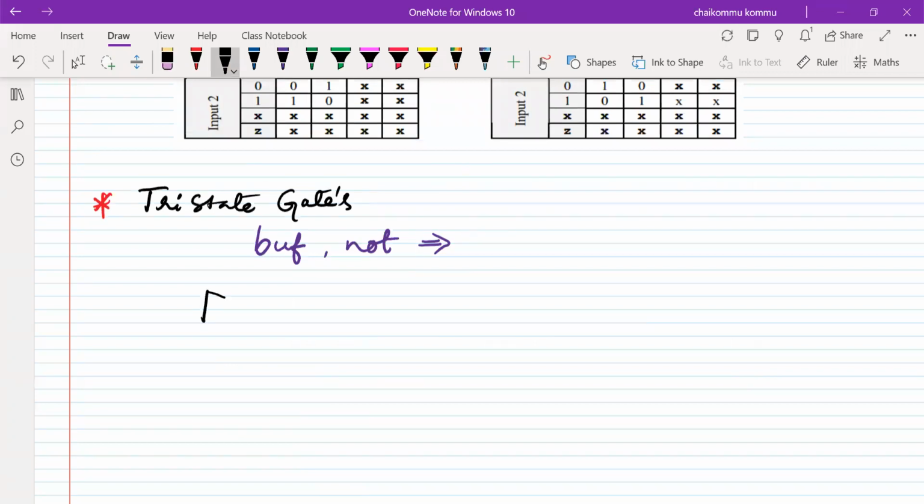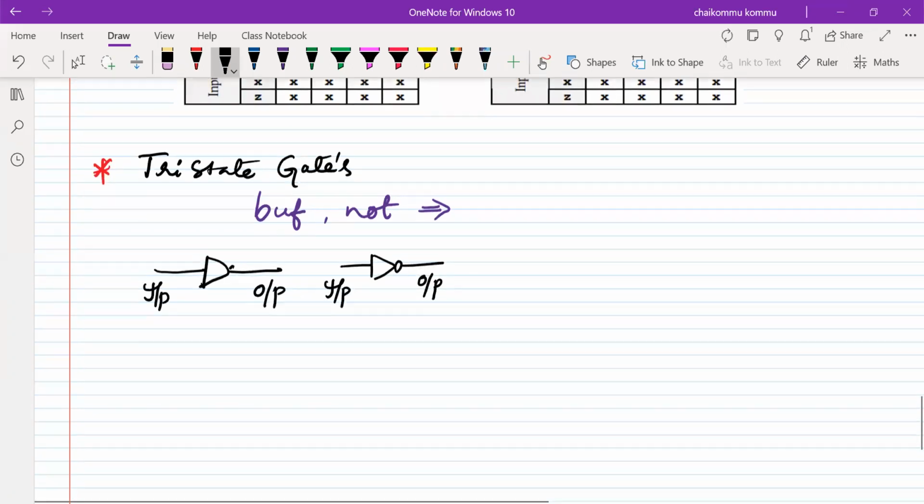A buffer means something like this. We have an input signal and an output signal. For a NOT gate, we just have to use one bubble there. Here we have an input, here we have an output. In general, these are just normal gates, called buf.